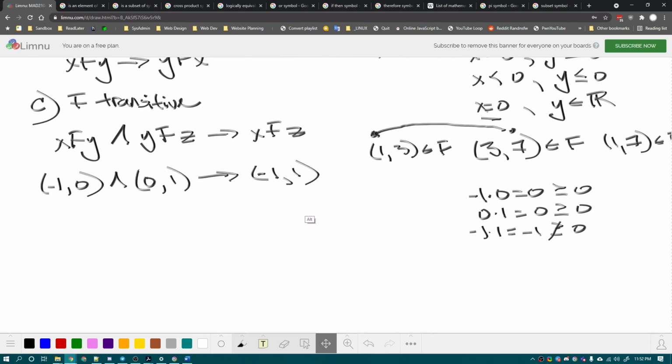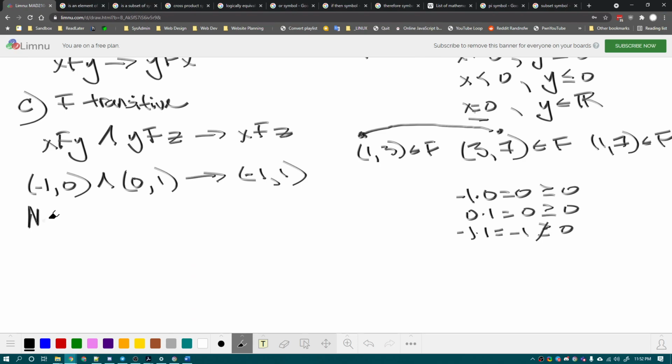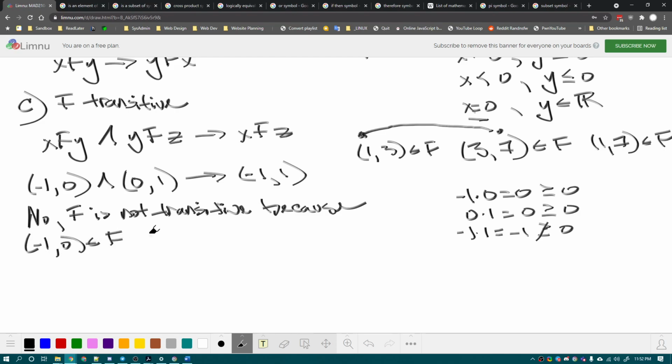And so how I would word this on the test is I would say no, f is not transitive because negative 1, 0 is an element of f and 0, 1 is an element of f, but negative 1, 1 is not an element of f. That's it for this question.